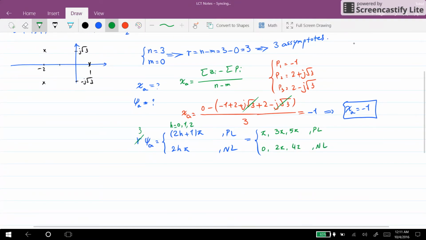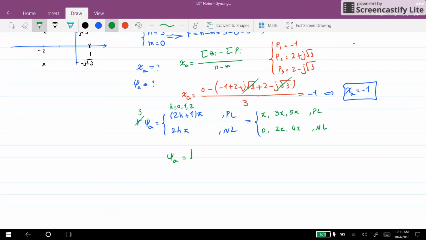And r is equal to 3, as a result the angles will be equal to pi over 3, pi, 5 pi over 3 for the positive locus, and 0, 2 pi over 3, 4 pi over 3 for the negative locus.